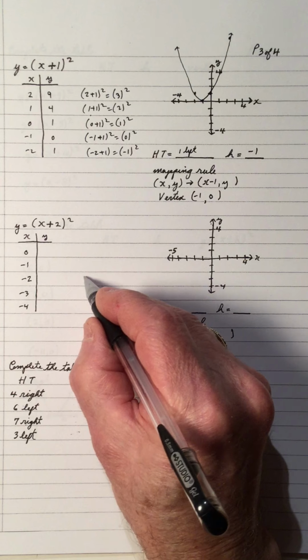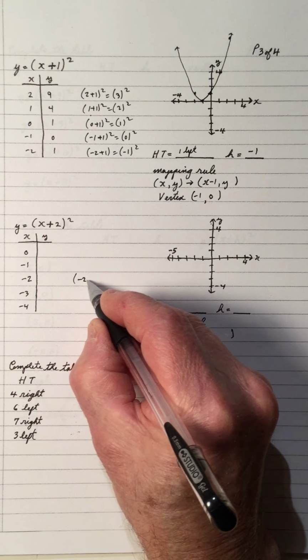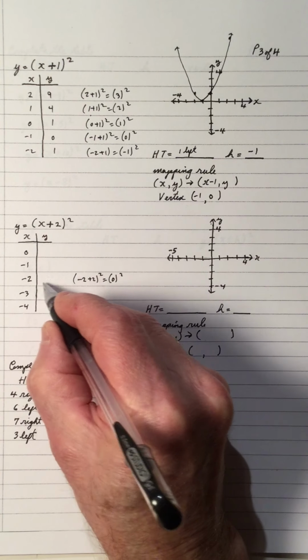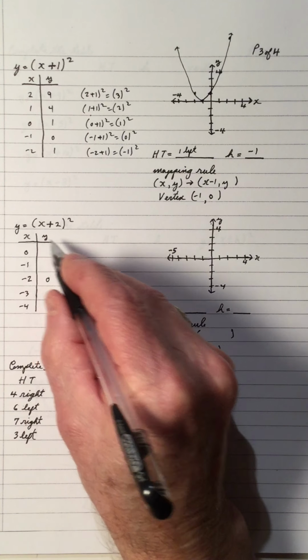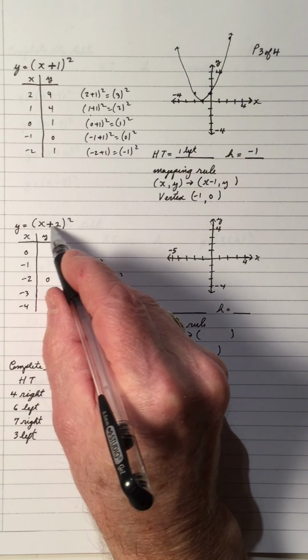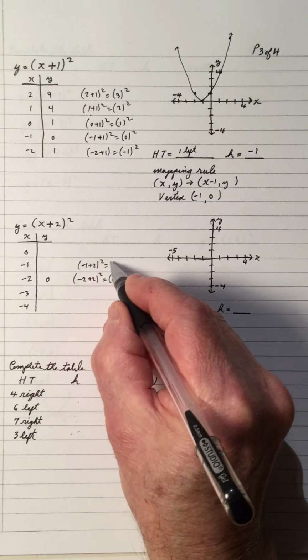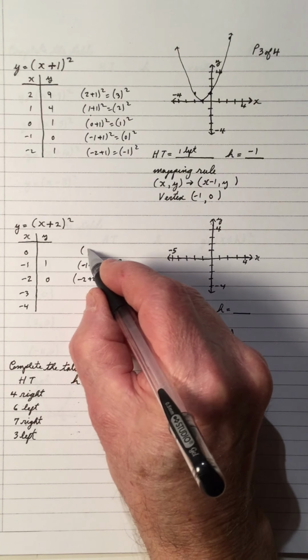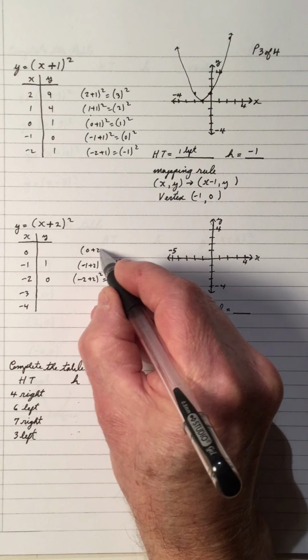So we put in a negative 2 plus 2. We get a 0 squared, which gives me a 0. If we put in a negative 1 and add 2, that gives us 1 squared, which is 1. And we're going to put a 0 in the place of x.